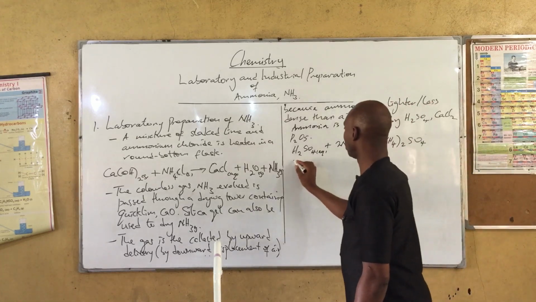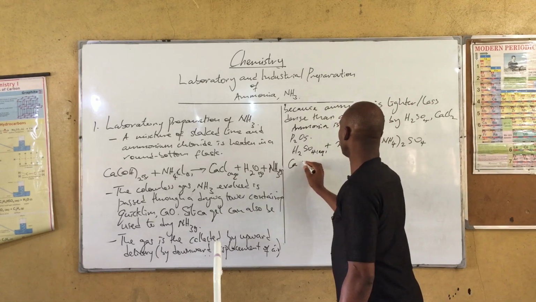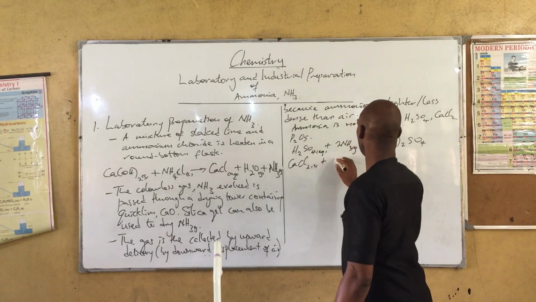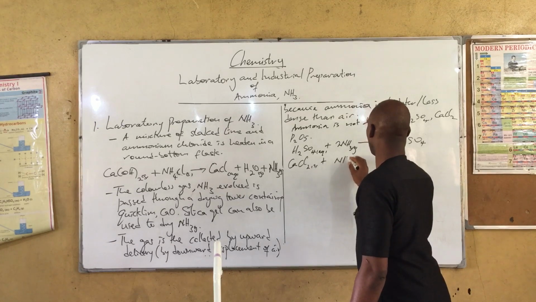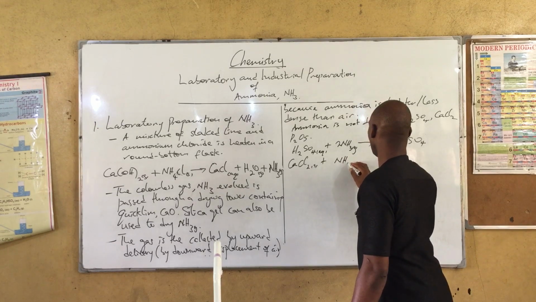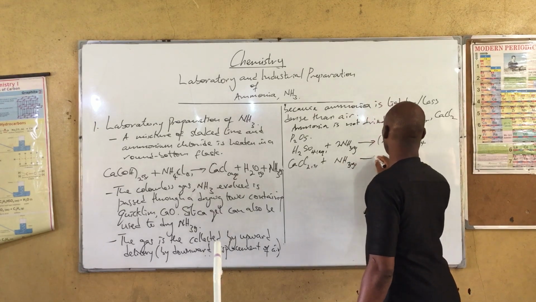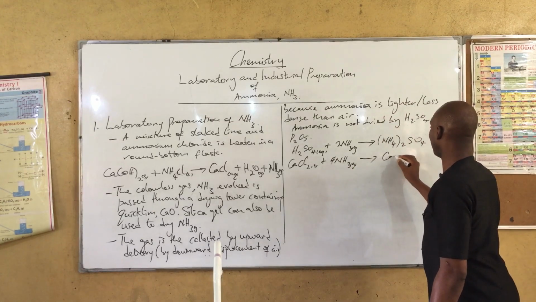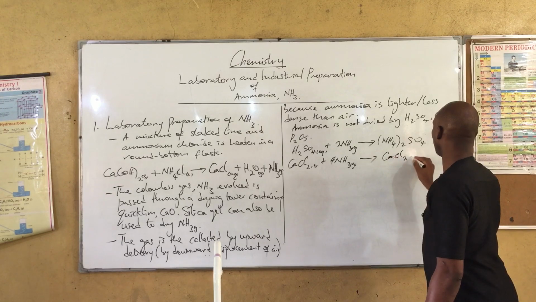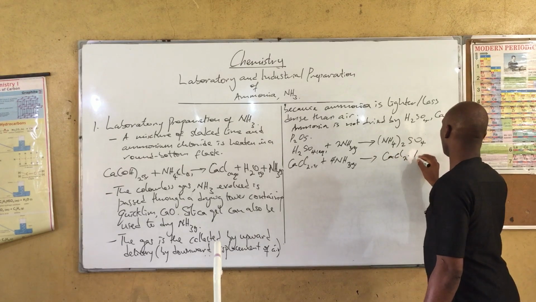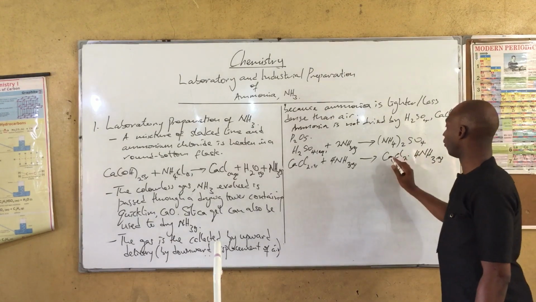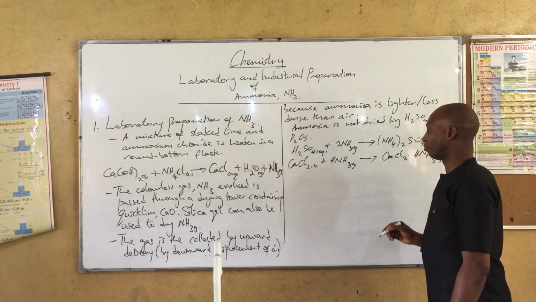If you use fused calcium chloride to dry ammonia gas, you will end up having a complex compound, which is calcium chloride ammonia. So it will absorb ammonia instead of absorbing water.